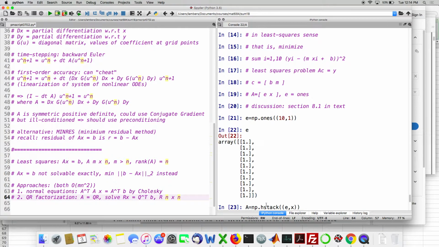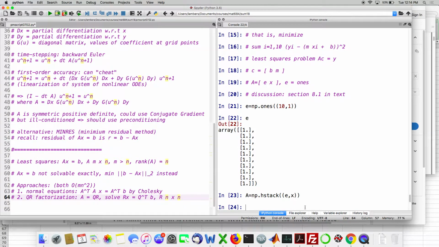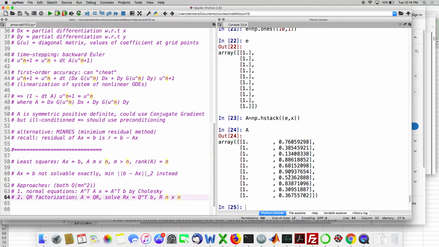So all I got to do is stack them horizontally. So I use NumPy hstack to put E first and then X. So now if I look at A, there are my 1s, and then these are all my X values. In my right-hand side, I have my Y values.